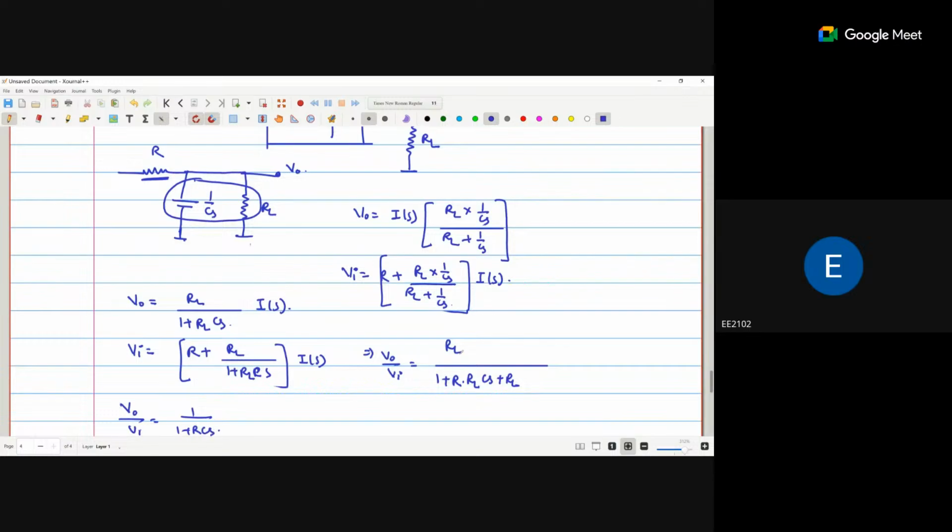Now in this one, initially we have to equate the numerator part to 1. So what should I do? I just divide by RL.